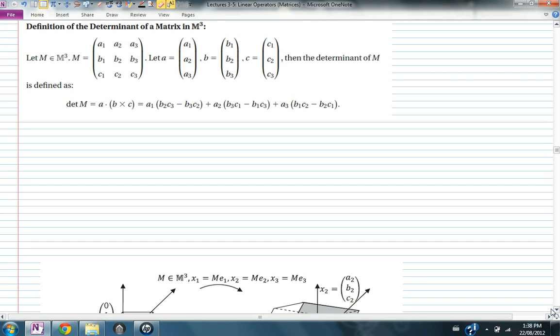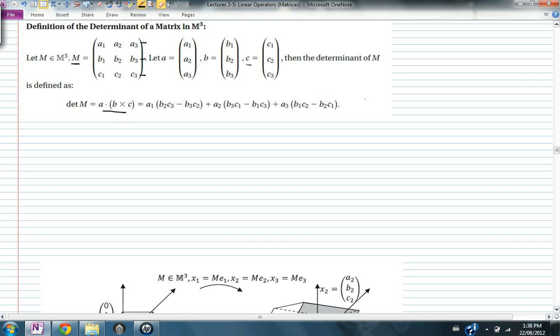So the determinant of a matrix in M3 is defined as follows. If we have a matrix made out of 3 horizontal vectors, A, B, and C, where the vector A is A1, A2, A3, the vector B is B1, B2, B3, and the vector C is C1, C2, C3, the determinant of M is defined as the triple product between those 3 vectors.